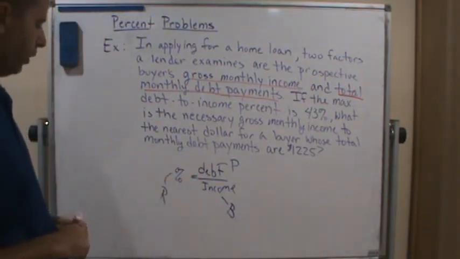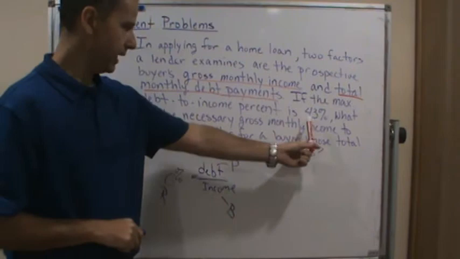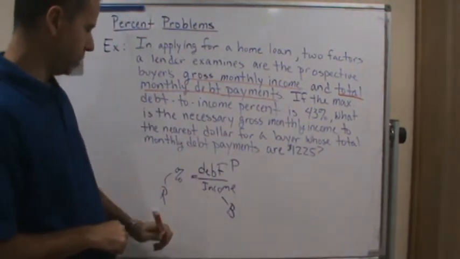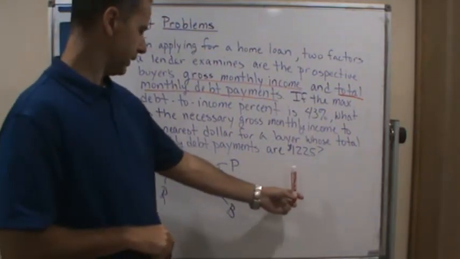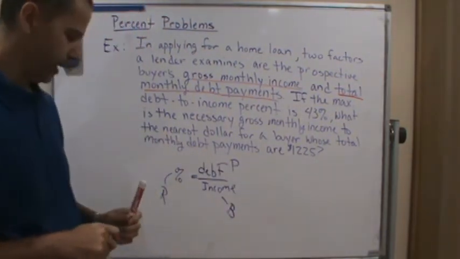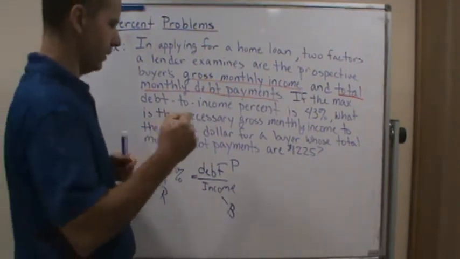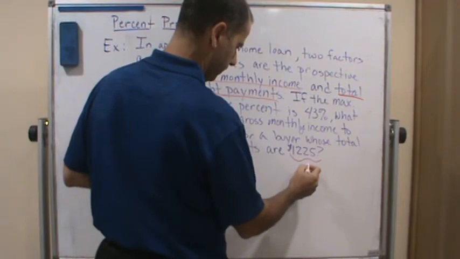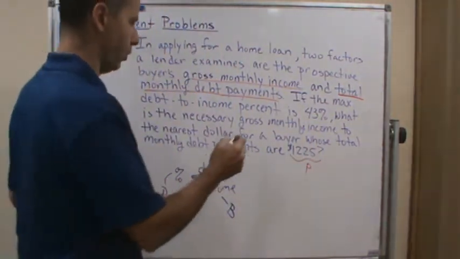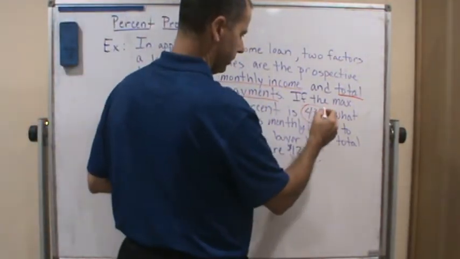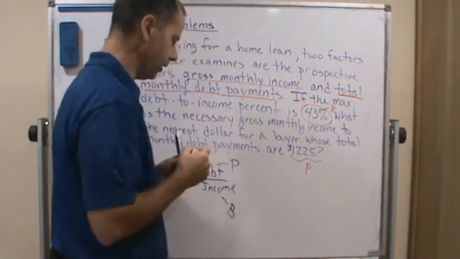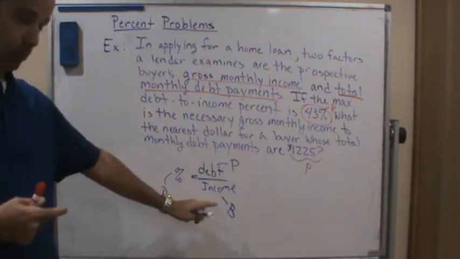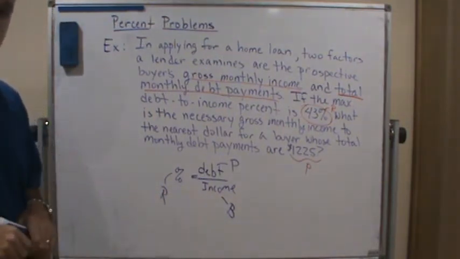So what's known? Well, we know the rate, right? The maximum percentage is 43%. And we know the debt portion, right? Their monthly debt payments are $1,225 per month. So this is P, and of course this is R. So we need to find B, the base, in this case the total monthly gross income.